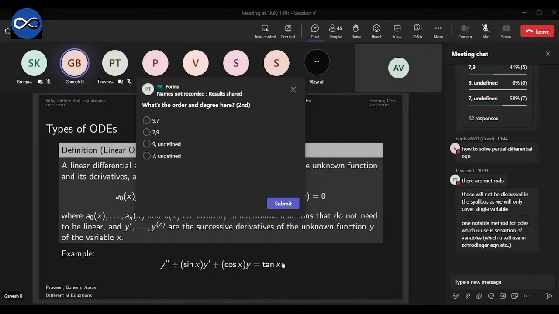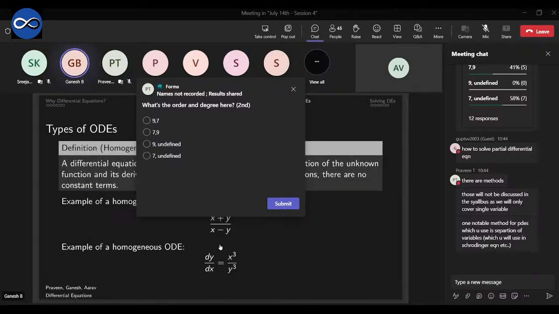When you have zero here, you will notice that when you substitute lambda y instead of y, the equation still holds. So that's when you have a homogeneous differential equation. You can think of it like it's a linear combination of the derivatives and the constant term is just zero. The constant as in the non-y term.